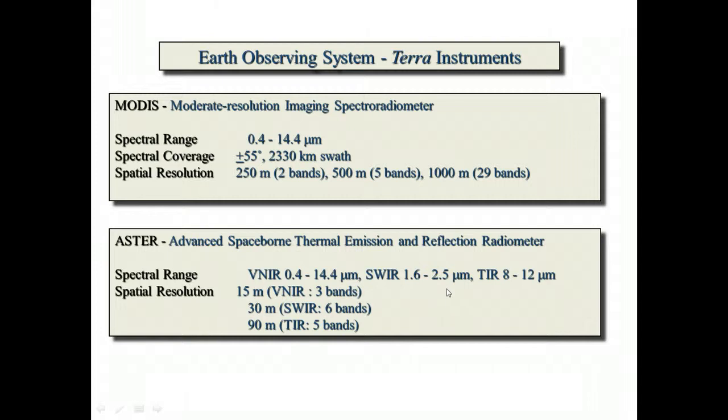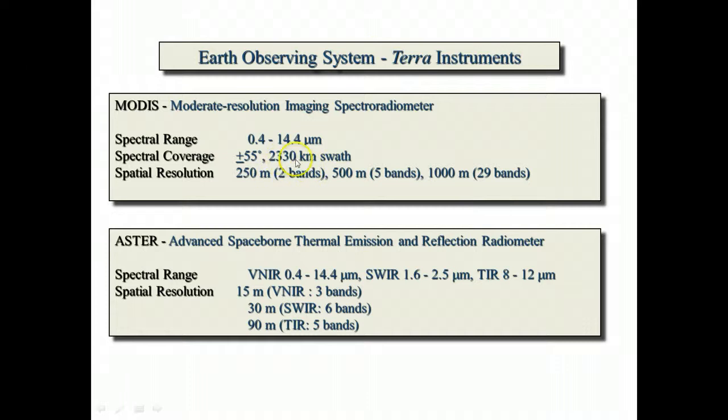And again, just a quick comparison between two of the really important instruments on the Terra satellite. The MODIS, you can see a number of different spectral bands from the visible right up through, almost completely through the thermal infrared, for all intents and purposes, and looking in places where we actually can see that energy in the atmosphere.